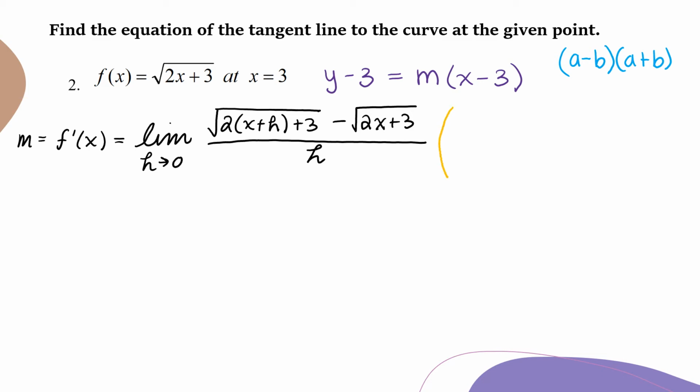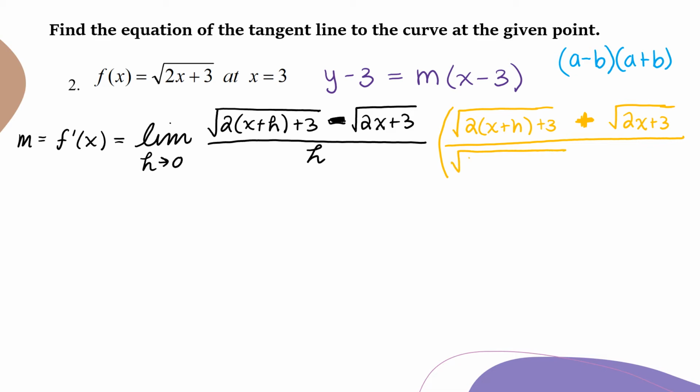So we'll multiply the numerator by the square root of 2 times x plus h plus 3, and we'll still have this square root of 2x plus 3. But now, instead of subtracting, we're going to add. And you just want to be careful that you also multiply the denominator by the same thing. That way we're effectively multiplying by a fancy 1.